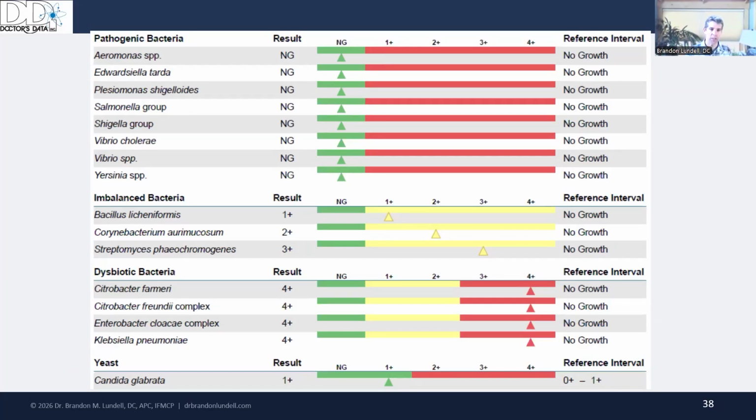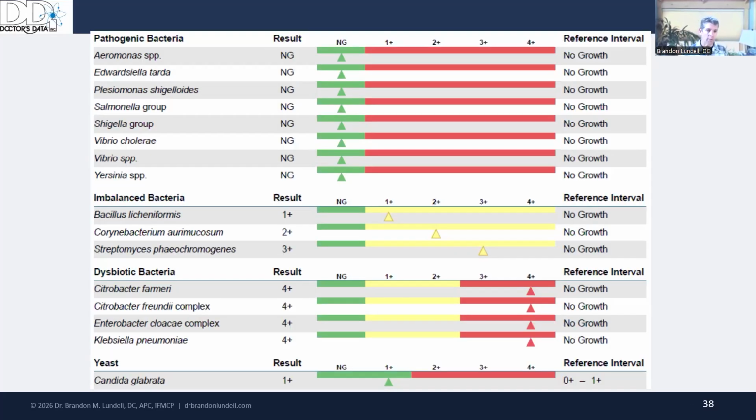Different than PCR technology, which is looking at the DNA signature and how that shows up in the machines. But the dysbiotic bacteria here, if it's a 3 plus or a 4 plus, it'll be put here. Sometimes they combine them. And then you've got your yeast as well down here. So very important to evaluate this.